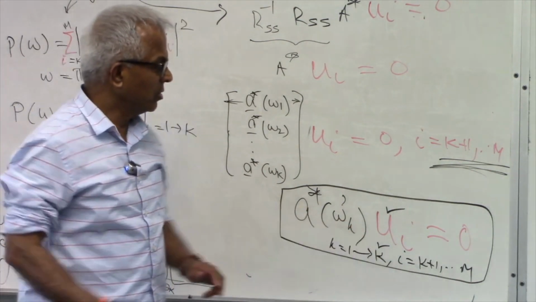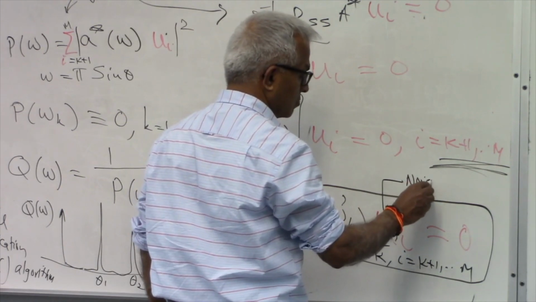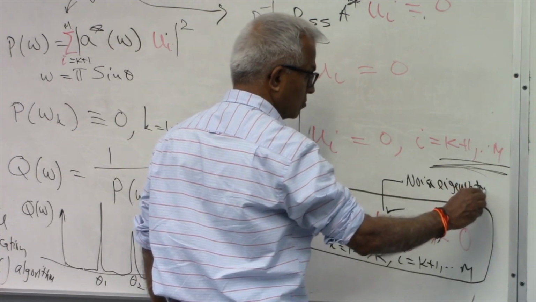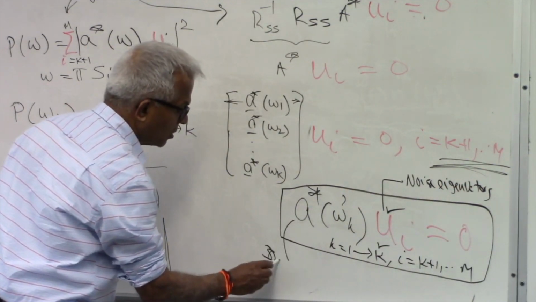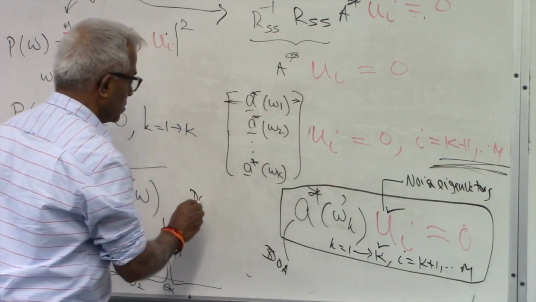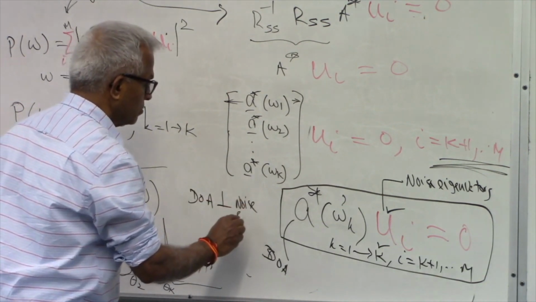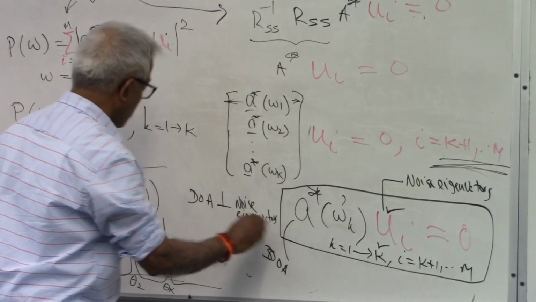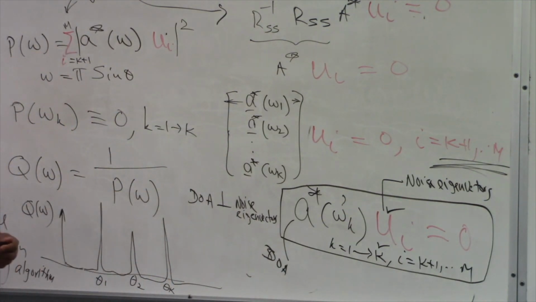These are the noise eigenvectors, and these are the directions of arrival. So directions of arrival and the noise eigenvectors are orthogonal. So you exploit that property one way or the other to figure out the sources.